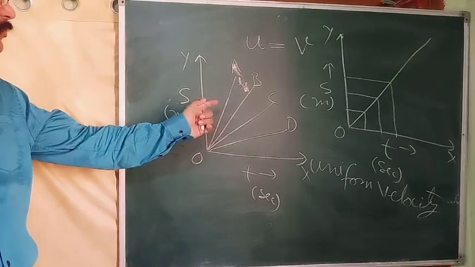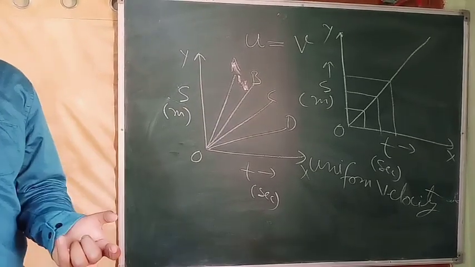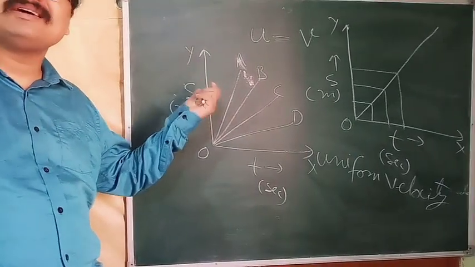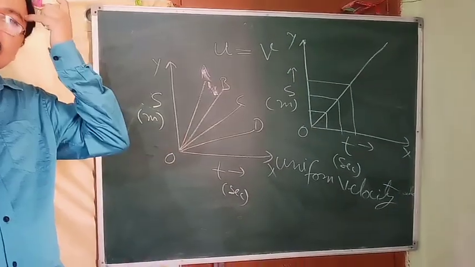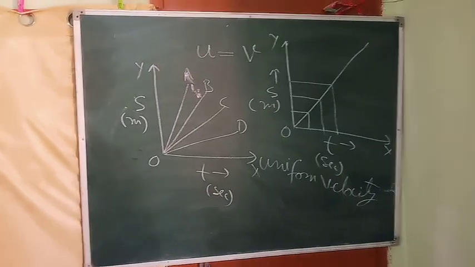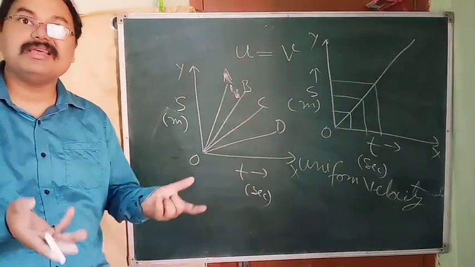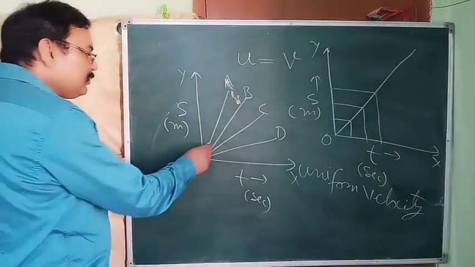Now which is moving with the least velocity, and which is moving with the most velocity, or whose velocity is higher and whose velocity is lowest? See here how to find whose velocity is higher or highest. For that you have to look at this angle.